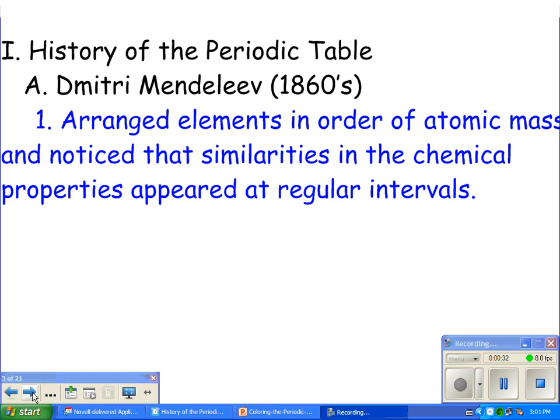He was able to look at it, and as he put them in order by mass, he could actually put them into groups or columns that had similar chemical and physical properties.